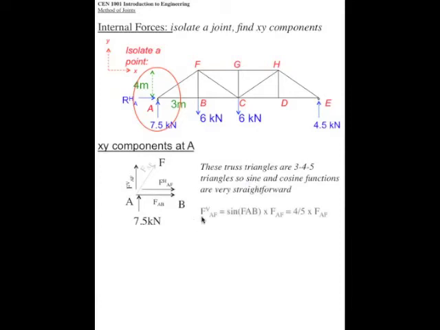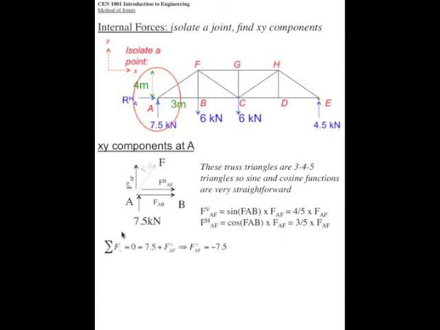So the vertical component of AF is equal to the sine of that base angle times the hypotenuse. So it's 4/5. In the 3, 4, 5 triangle, the sine of the angle is 4/5 times the hypotenuse. The horizontal component is the cosine of the angle, which is 3/5 times the hypotenuse.